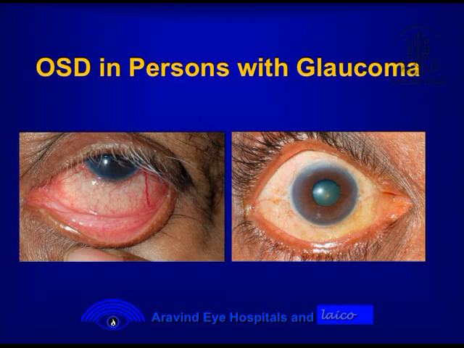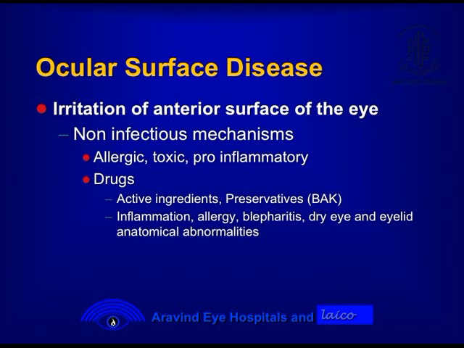These are just some examples of mild to severe ocular surface disease that have been associated with glaucoma treatment in some of our patients. And it basically is due to irritation of the anterior ocular surface owing to allergic, toxic, or some pro-inflammatory mechanisms. Again, Dr. Ganesh had covered it very well.